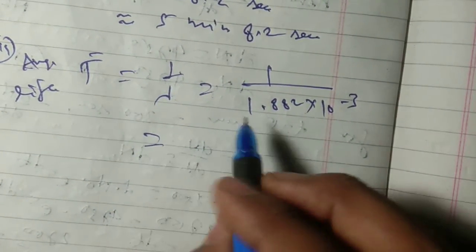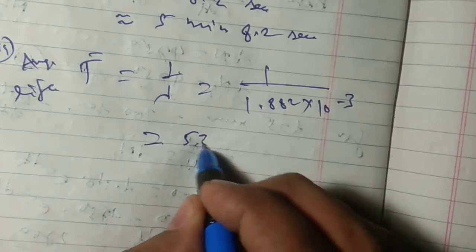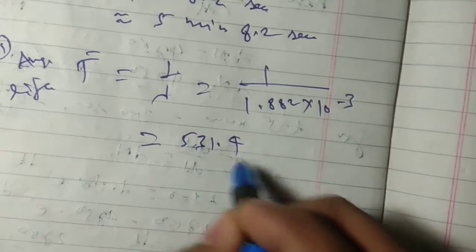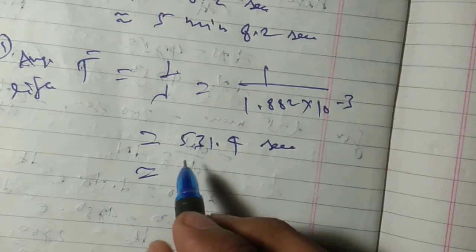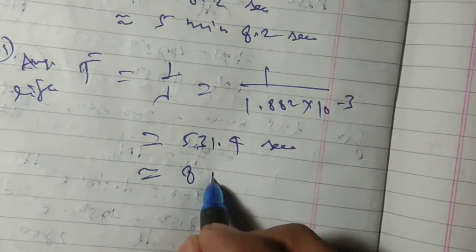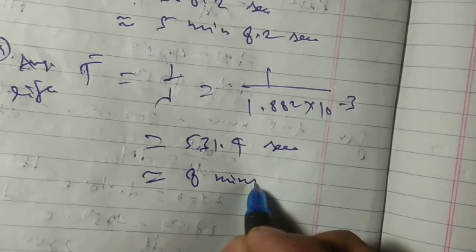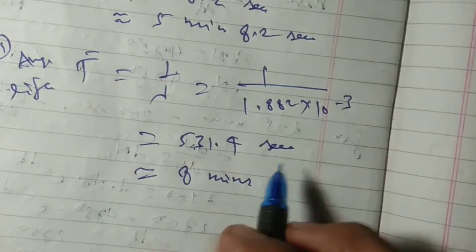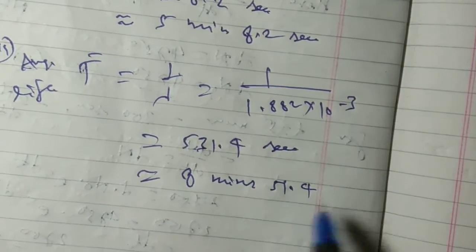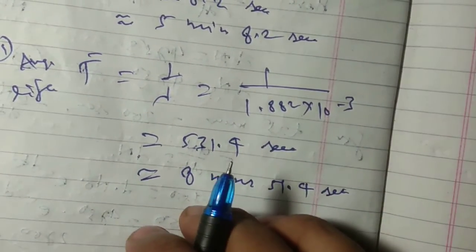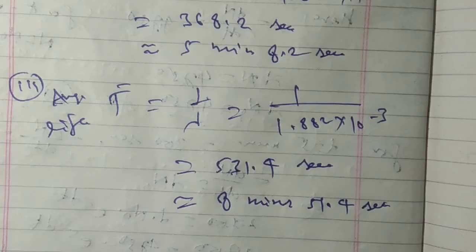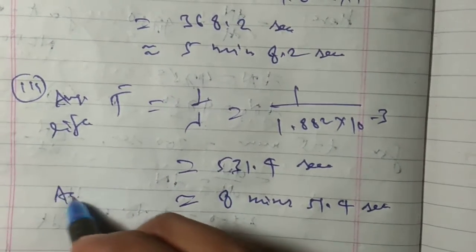After solving we get 531.4 second, which is nearly equal to 8 minutes and 51.4 second. So this is the average life.